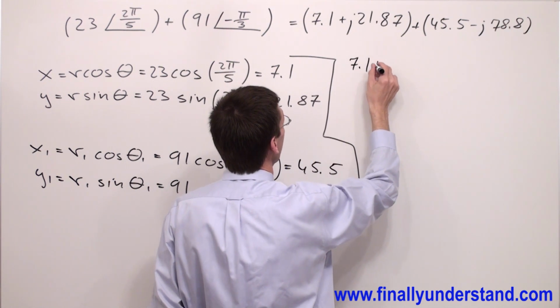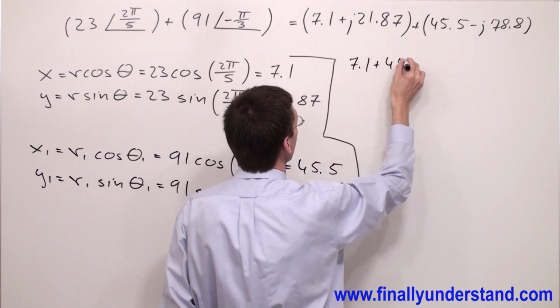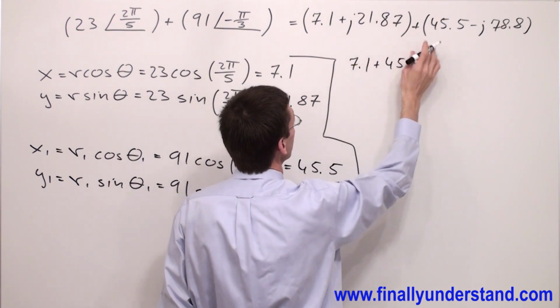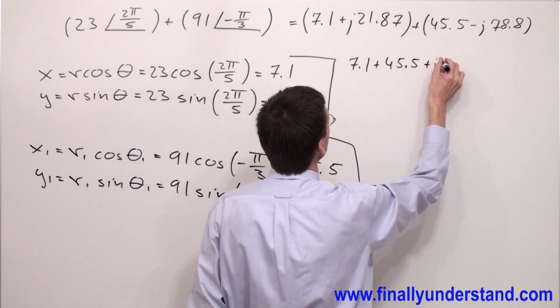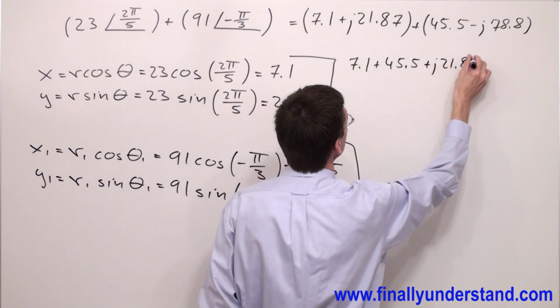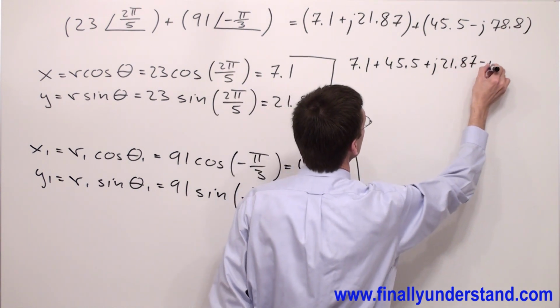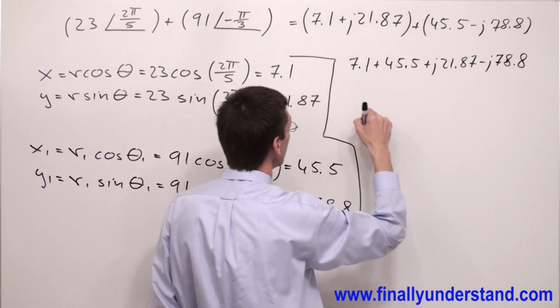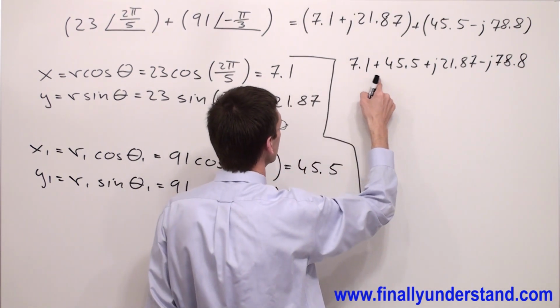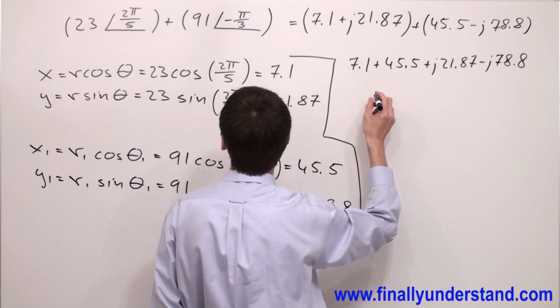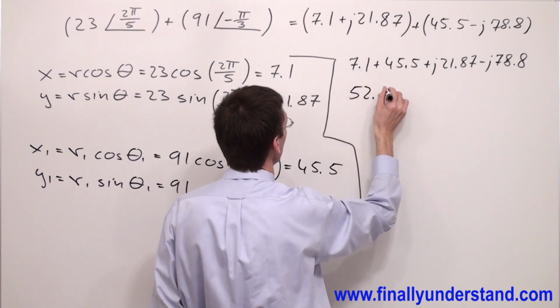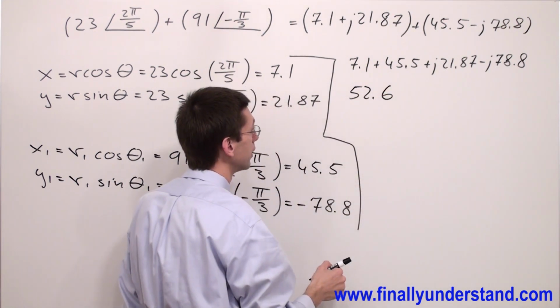So I have 7.1 plus 45.5, I'm combining the like terms at the same time, plus j 21.87 minus j 78.8. 7.1 plus 45.5 is equal to 52.6.